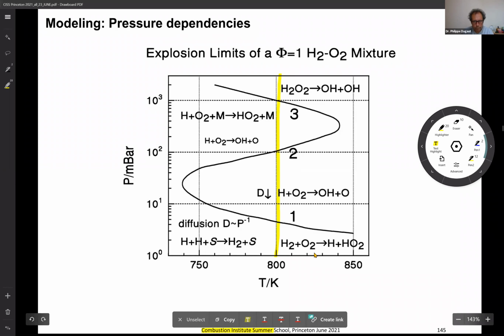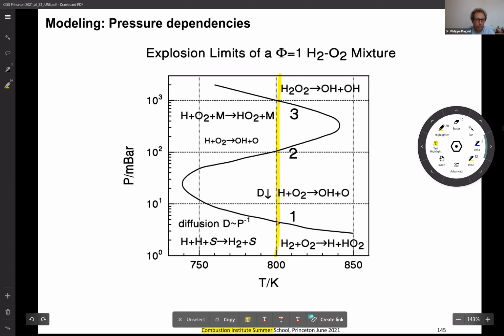It's a slow reaction, which produces two radicals, HO2, which, believe me, are not very reactive, and H atoms, which are very reactive. But because diffusion is very easy at this low pressure, you can have recombination of H atoms, which can occur in the gas phase, but also on the surface of the vessel, and reform H2. Therefore, there is no acceleration of the reaction.